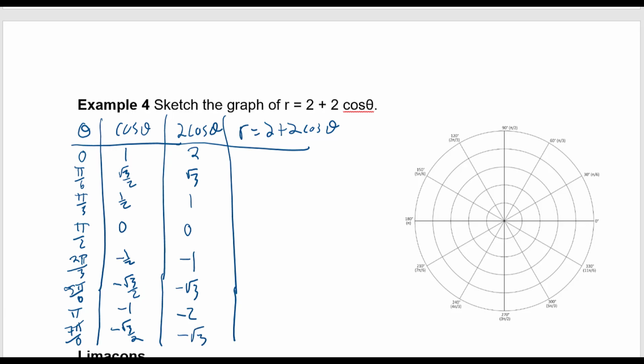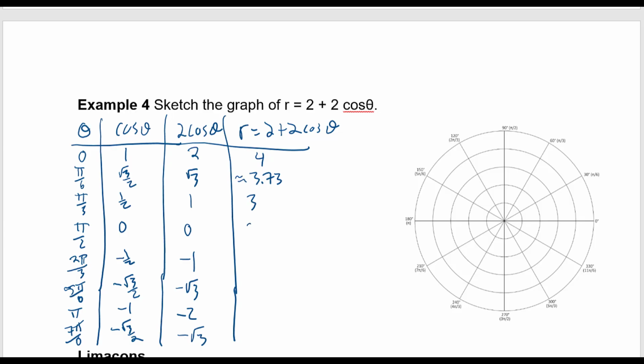And then I'm going to do 2 plus each of these, so it's going to be 4. I'm going to do the decimal approximations now. Square root of 3 is 1.73, so it'd be 3.73 roughly.